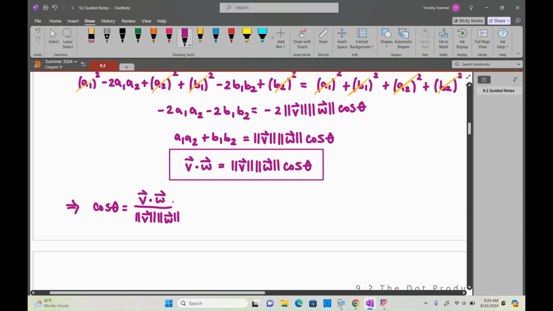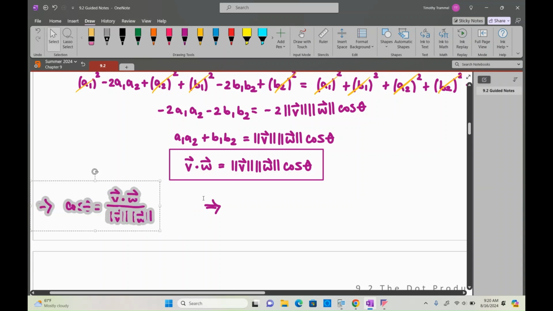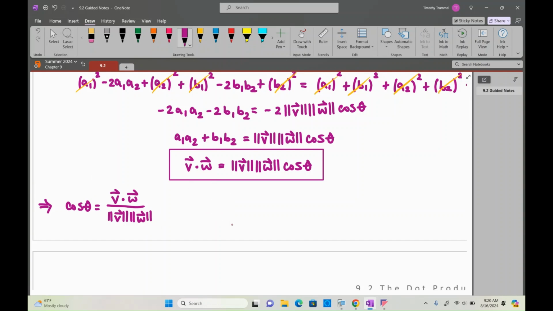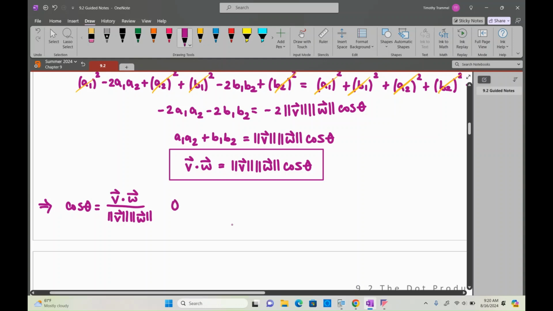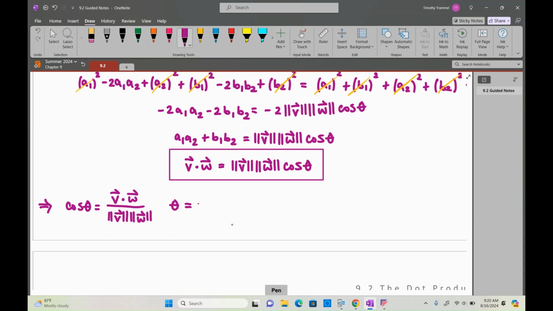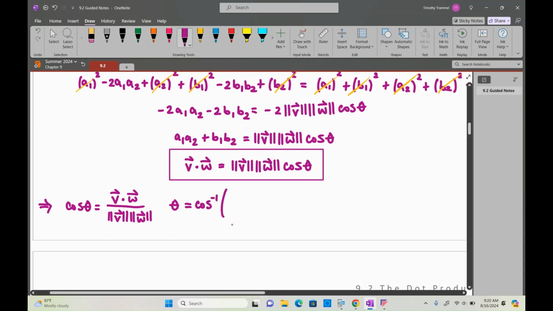And then finally, we can solve this for theta. We can use cosine inverse. And just so that I have it right below this formula here, I just scooted that over. So we have cosine inverse of, again, V dot W all over the magnitude of V times the magnitude of W. There we go.